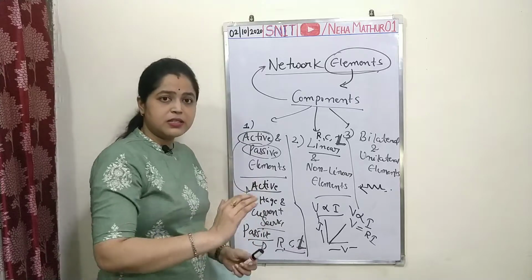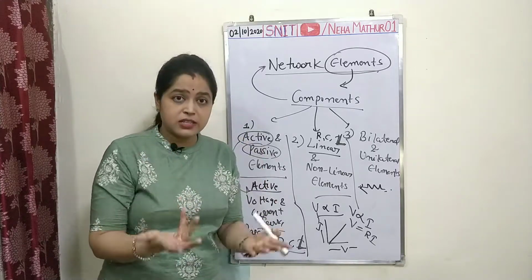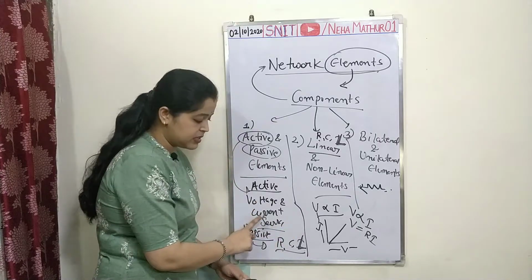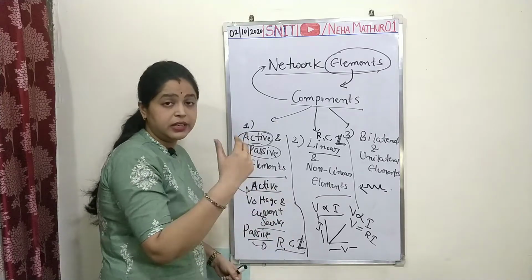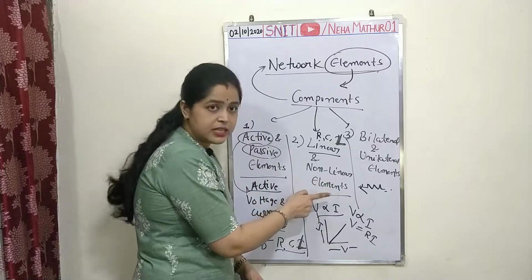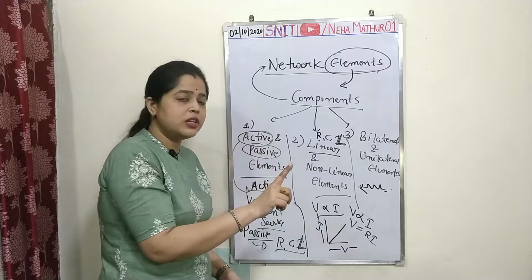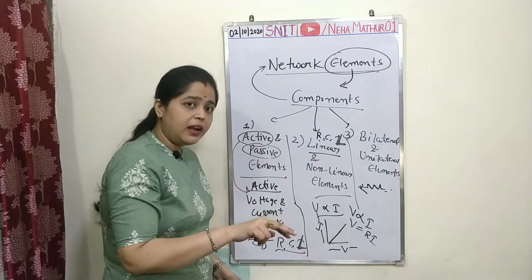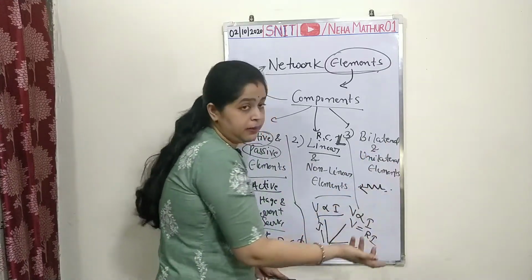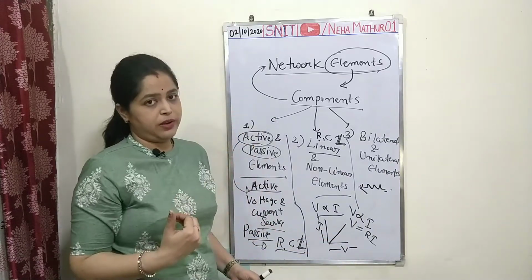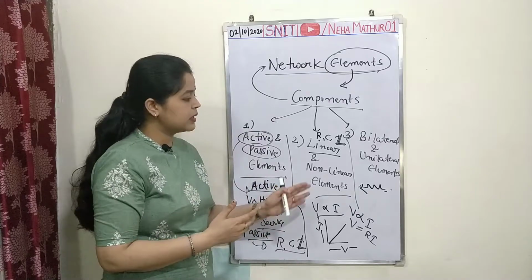If you want to define the nature of the resistor, that means your resistor is a passive element because it needs power. It is a linear element because it shows a linear relation between voltage and current, and your resistor is a bilateral element because the current can flow from left to right or from right to left. This is about the proper classification.